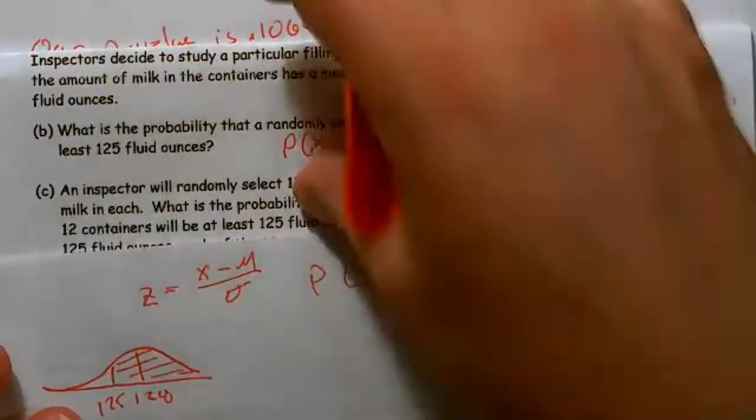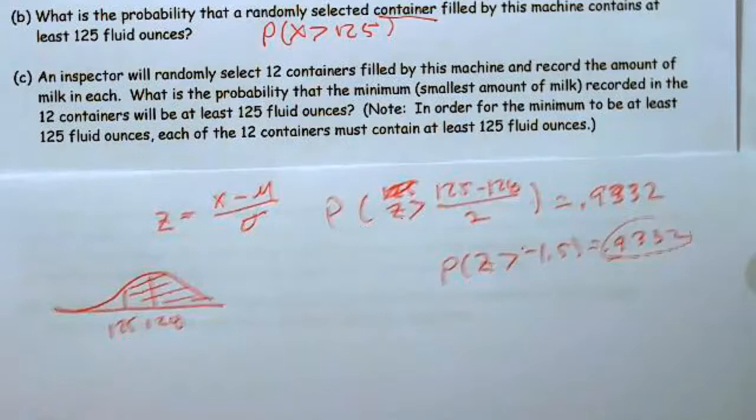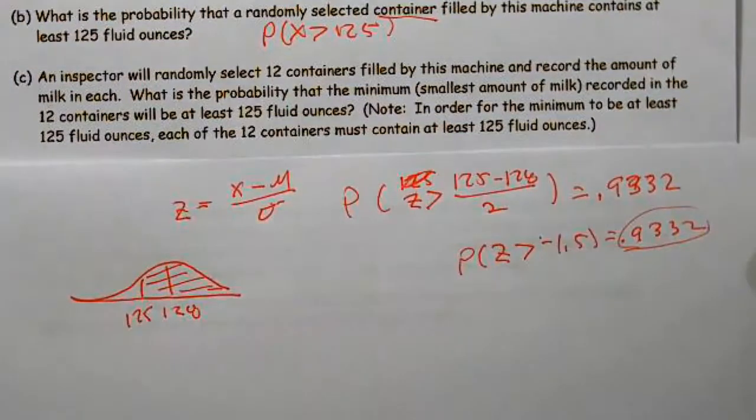So let's look at part C. In part C, an inspector will randomly select 12 containers filled by the machine and record the amount of milk in each. What's the probability the minimum or the smallest amount of milk recorded in the 12 containers will be at least 125?